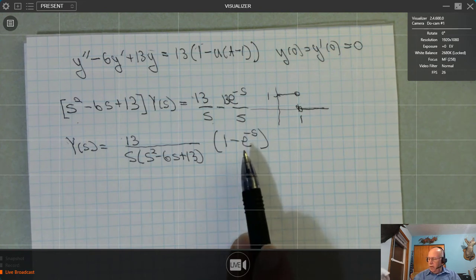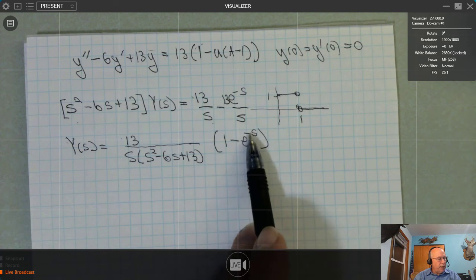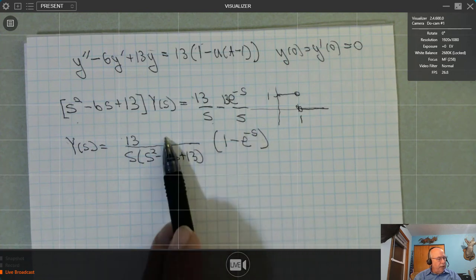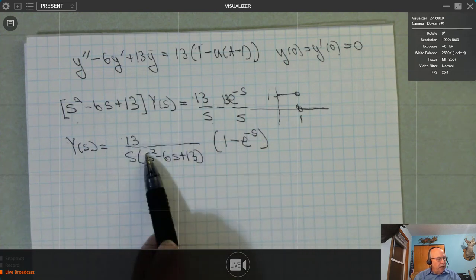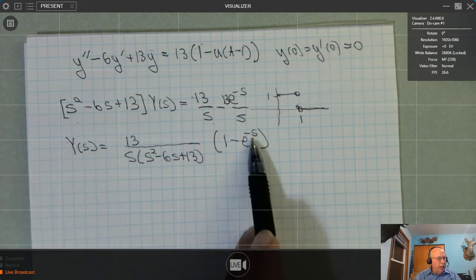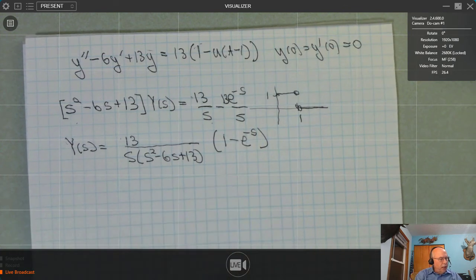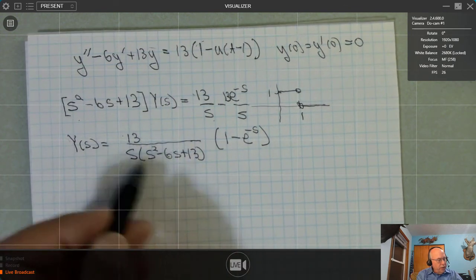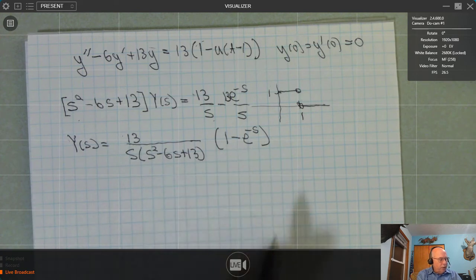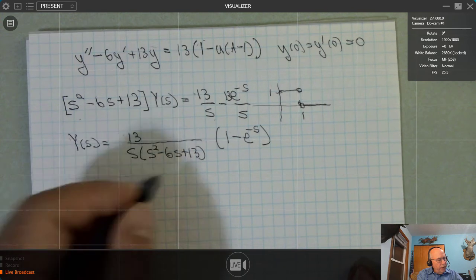That is involving a shifting theorem, and we know that if we have e to the minus a s as a factor on cap F of s, then we just go back to a shifted form, u(t minus 1) times f(t minus 1). So we really just have to do this, and then we write it down twice, once without a shift and once with.